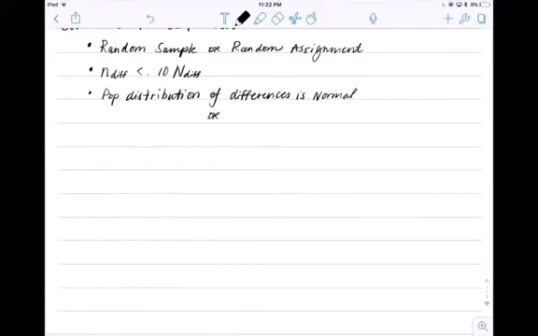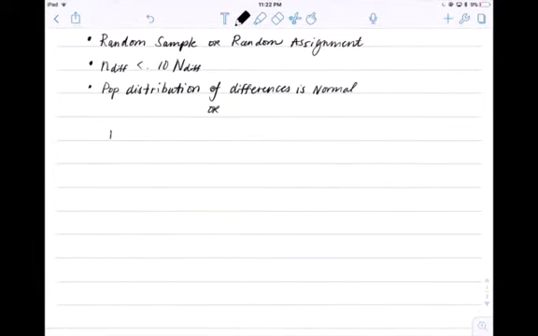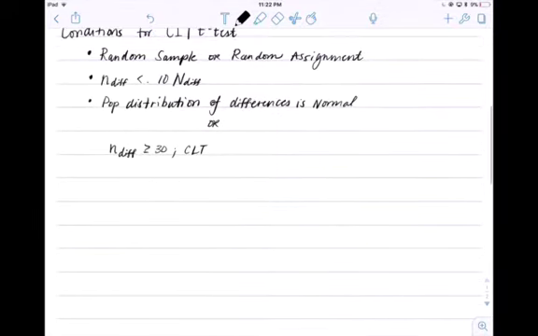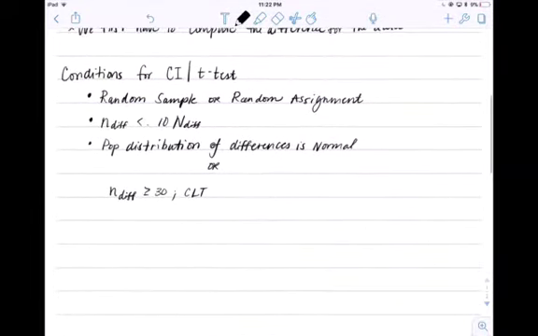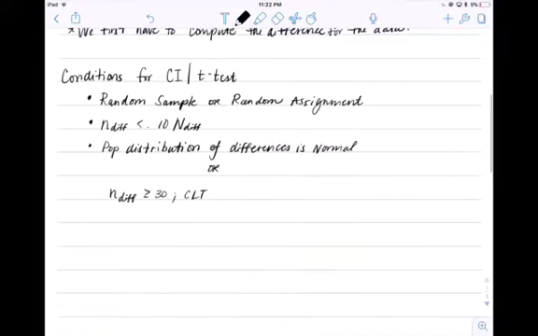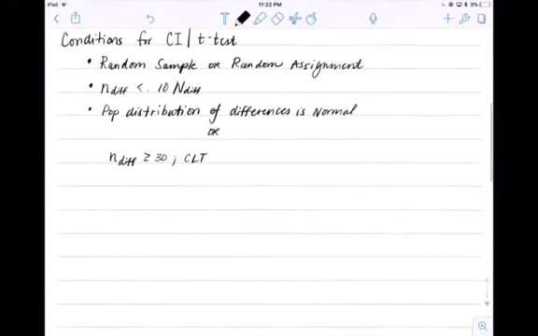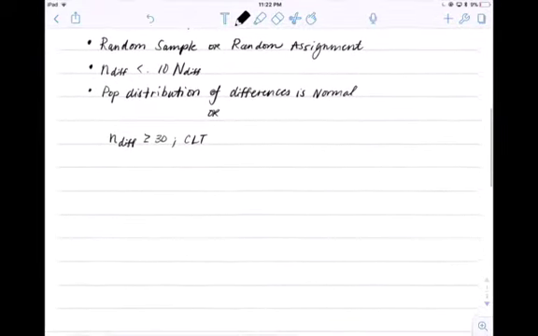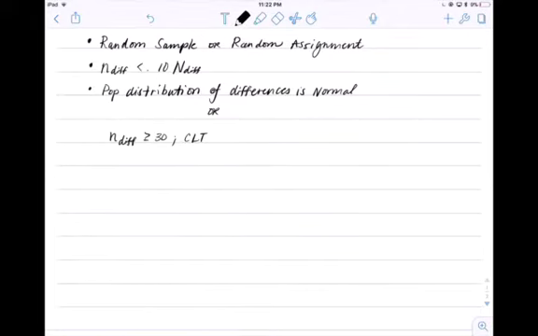Or, of course, if your sample size for the difference is greater than or equal to 30, you can apply the central limit theorem. Now, just a quick note, I was grading your exams, and some of y'all like to use the central limit theorem as a condition for a z-test for proportions. Remember that the central limit theorem is specifically for tests or confidence intervals in which you have means.